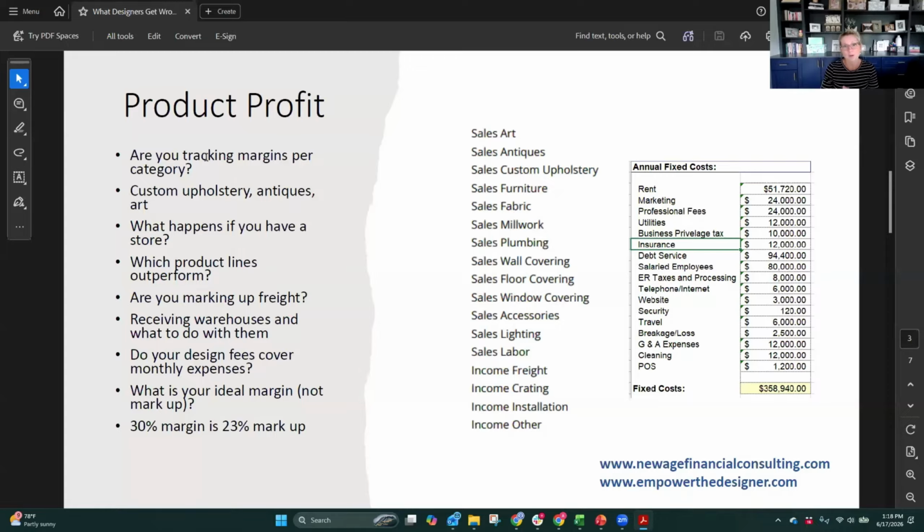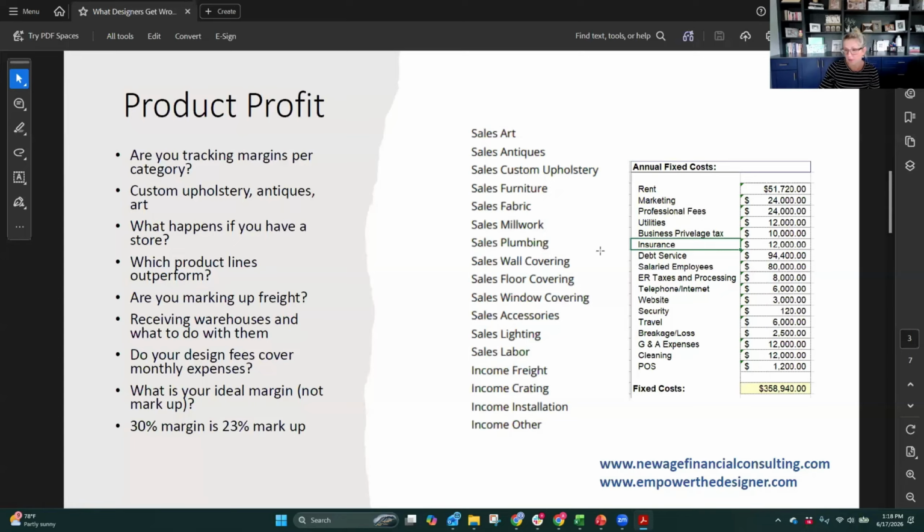So Crate and Barrel could come back and skyrocket some freight on some items, but it doesn't matter. We are then evaluating our reports, all going back to reports. We're evaluating to say, if we're 20% fixed freight, is that enough of a margin for us, or does that drag us down?